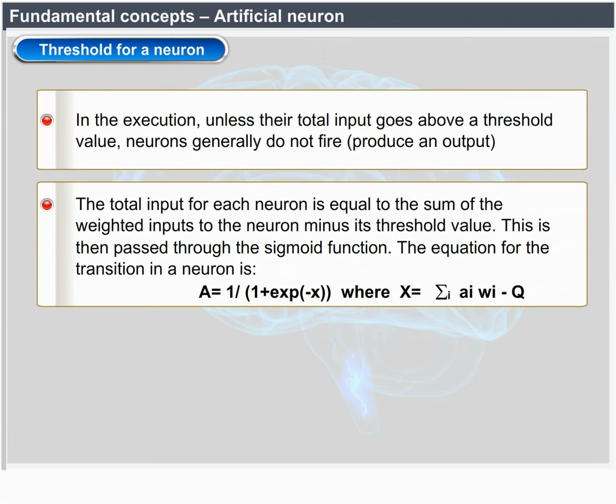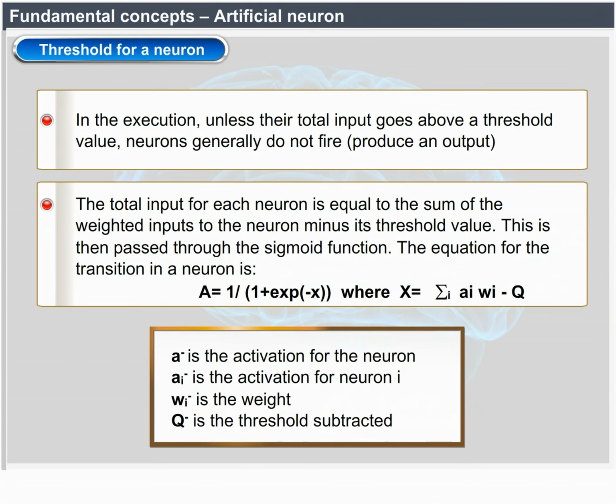The equation for the transition in a neuron is A = 1 / (1 + e^(-x)), where x = sigma i of ai wi minus q. A is the activation for the neuron, ai is the activation for neuron i, wi is the weight, q is the threshold subtracted.